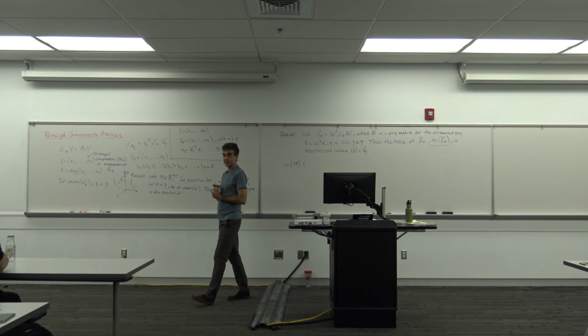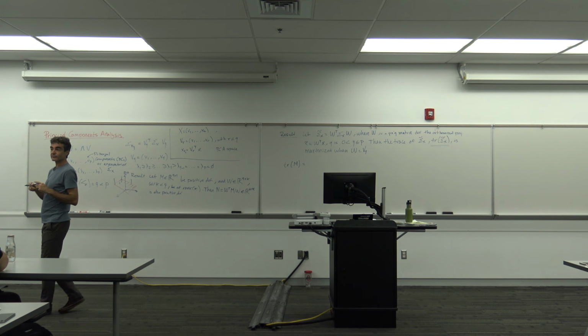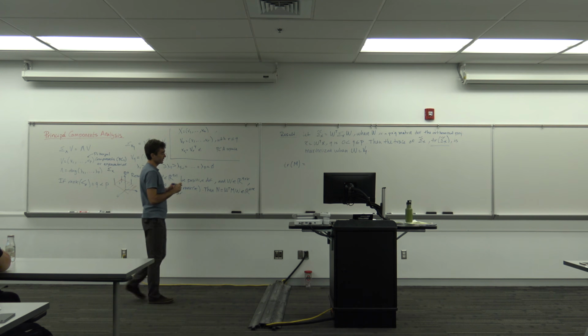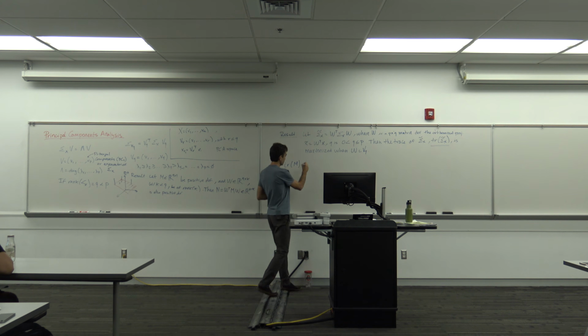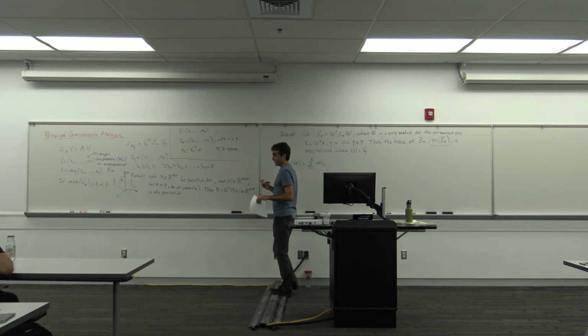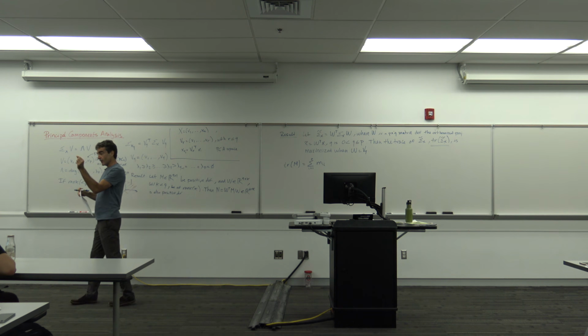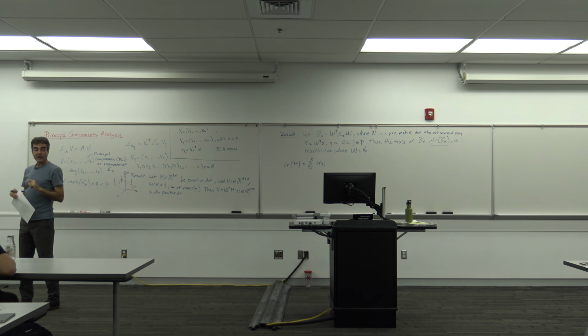What's the trace of a matrix? Anyone can tell me what the trace of a matrix is? It's the sum of the diagonal elements. Very good, excellent. So the sum, we'll say i from 1 to P, of m_ii, meaning the ith row, ith column, so the diagonal elements.